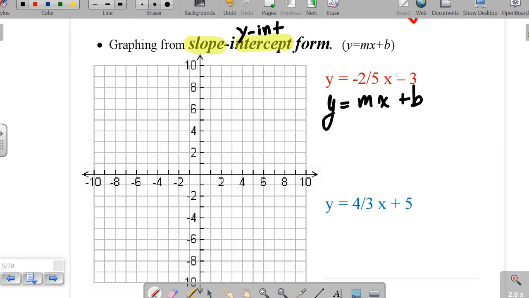When working with slope-intercept form, always write just underneath your given equation. So we're going to graph y equals -2/5 x minus 3. We start at -3 on the y-axis.